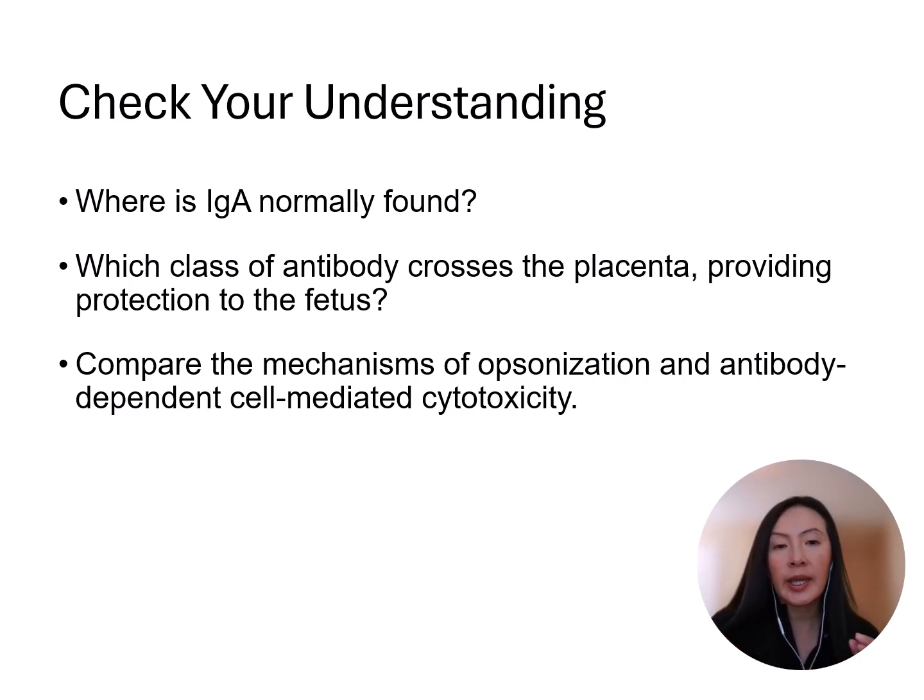For the second one, ADCC, this is when the target is too big to be ingested or phagocytosed. So the IgG is going to bind to that giant target. The FC region is going to bind to either natural killer cells, macrophages, or eosinophils. And these cells will release cytotoxins like perforins or granzymes to kill the target.